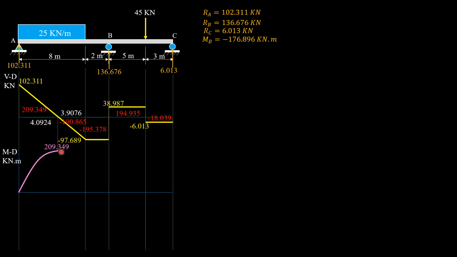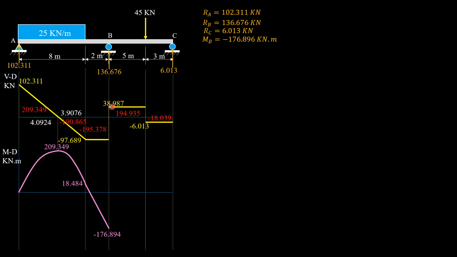Then 209.349 plus negative 190.865 is 18.484. Then minus 195.378, straight line here. Negative 176.894. Take note, MB is negative 176.896. So practically they are equal.